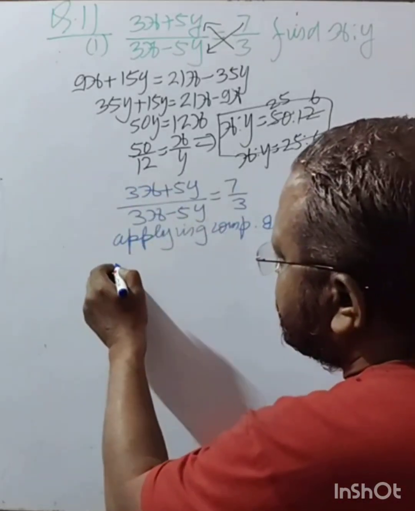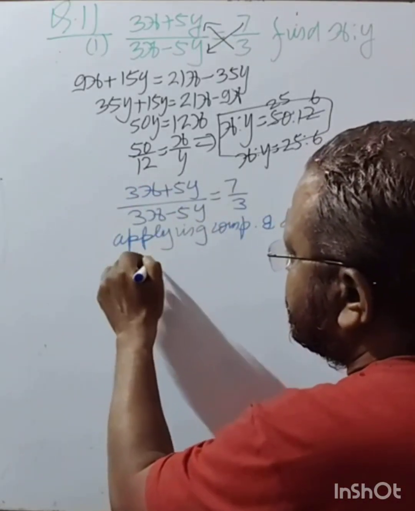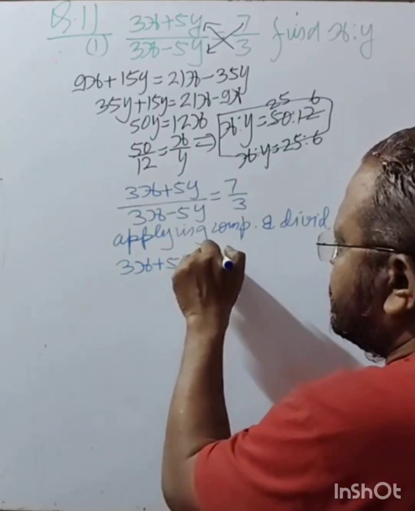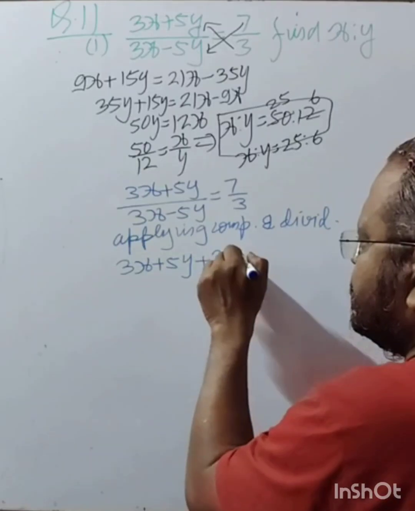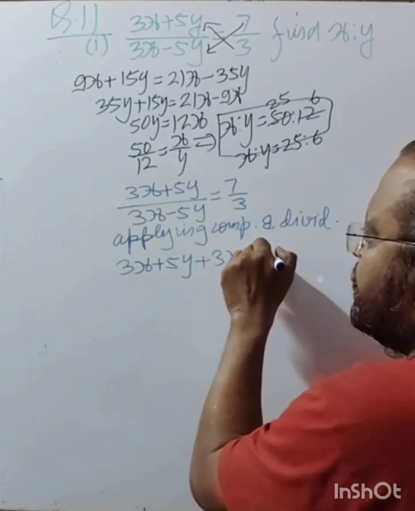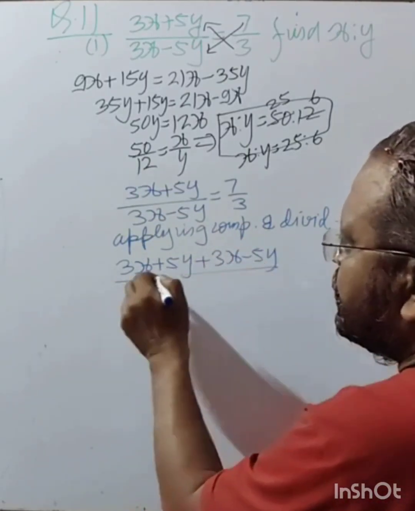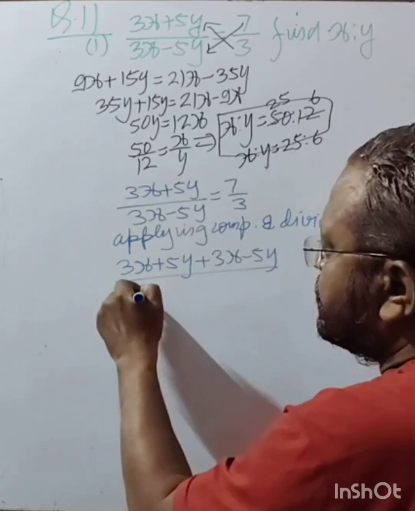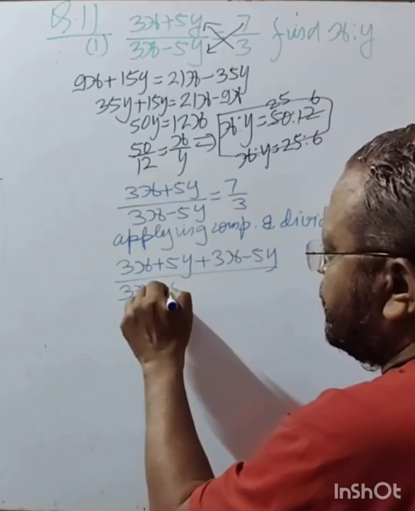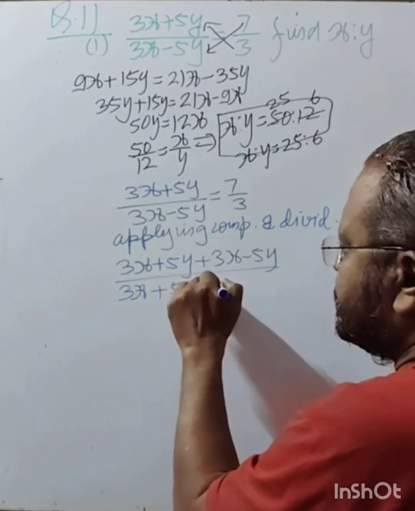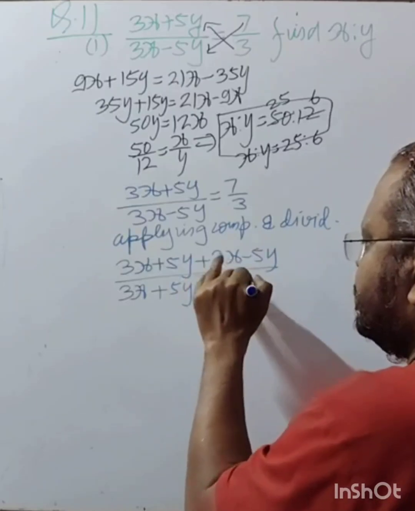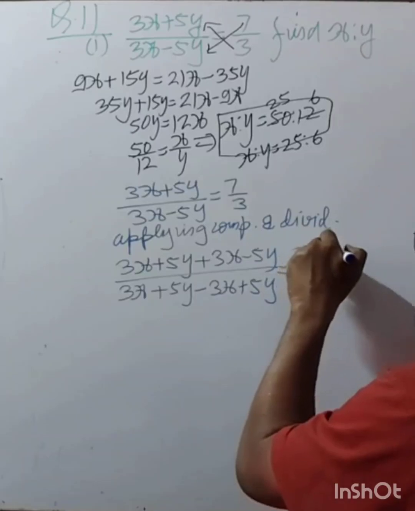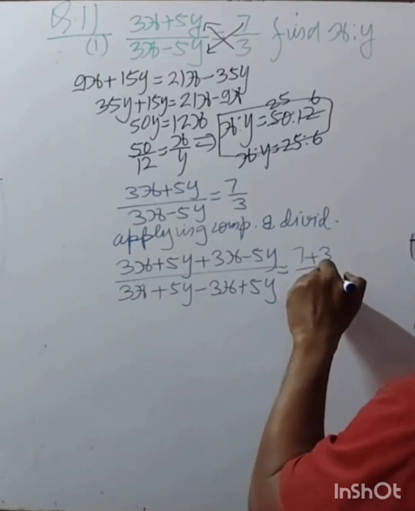So what happens? 3x plus 5y plus 3x minus 5y upon 3x plus 5y minus 3x plus 5y is equal to 7 plus 3 upon 7 minus 3.